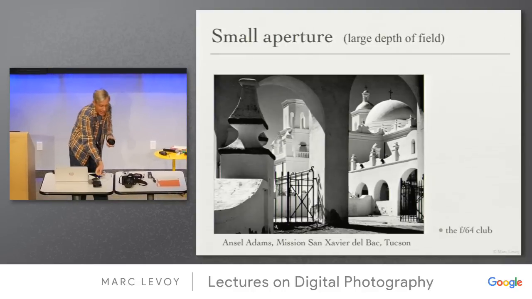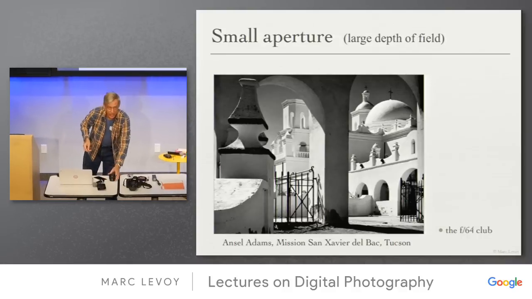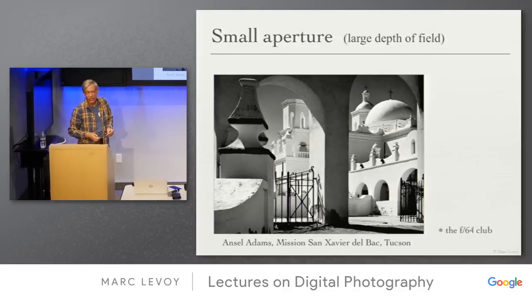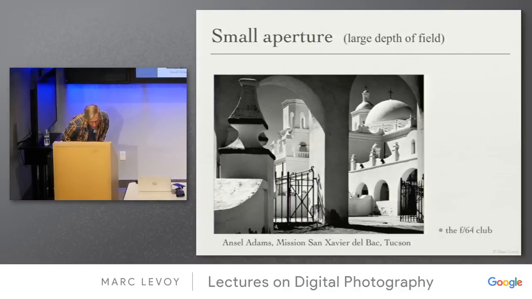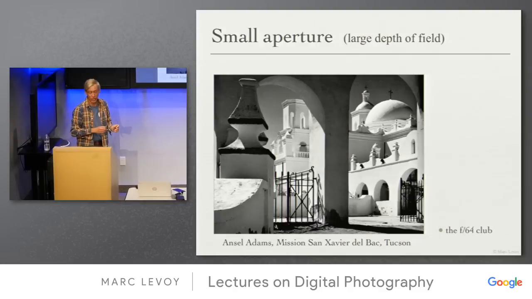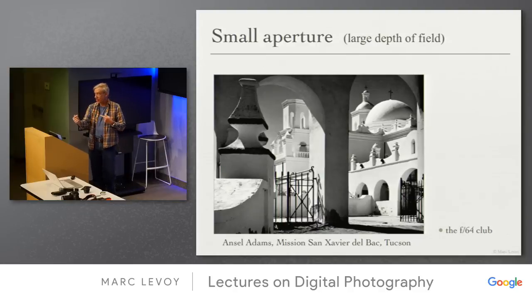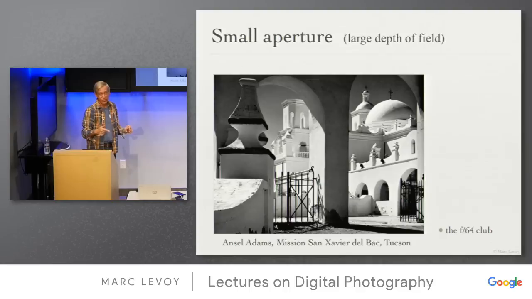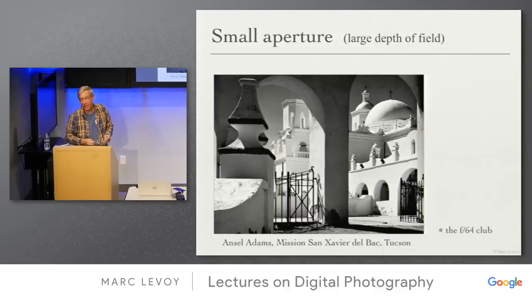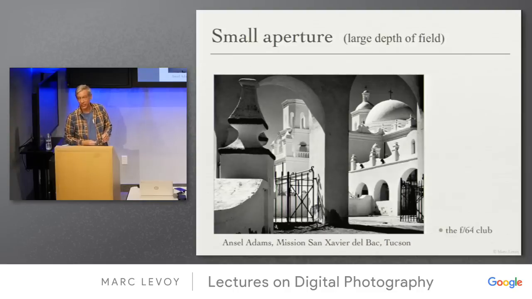So if we look at Ansel Adams, he had an 8-inch lens, which is 203 millimeters. So it's a very long focal length in a big view camera. And so F64 for that, if you work the triangle of numbers, would also be about a 3 millimeter opening. So his opening was about the same as this.